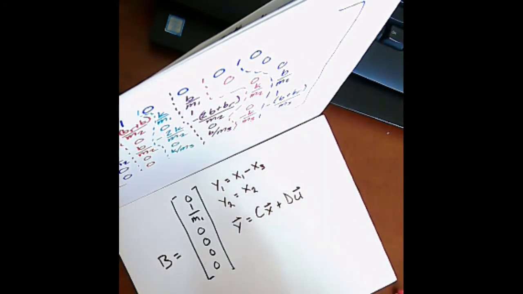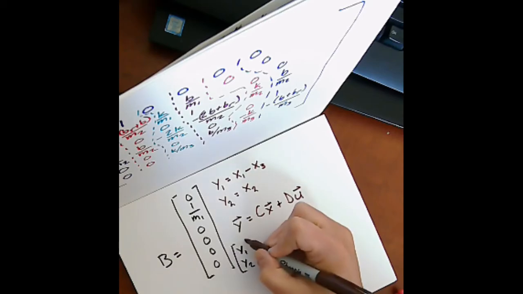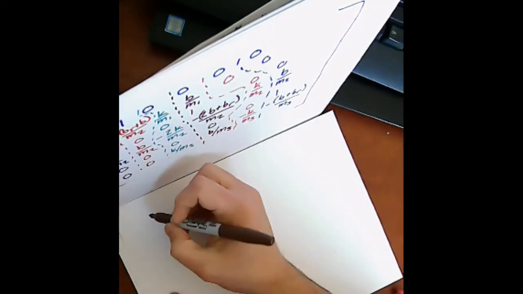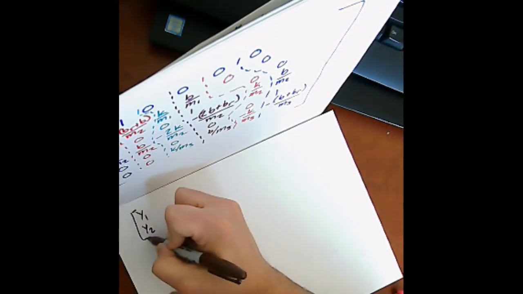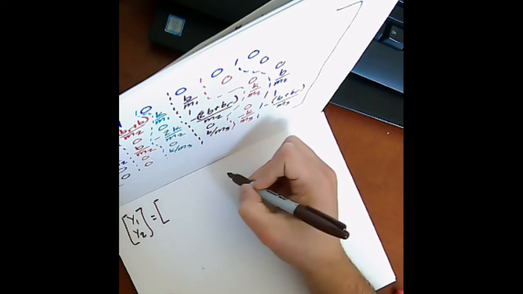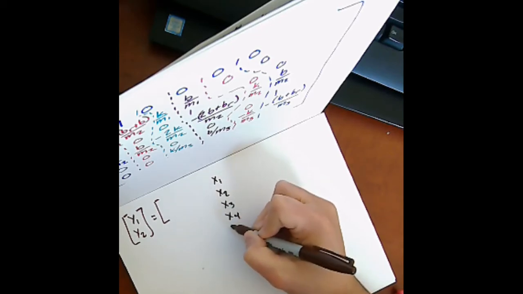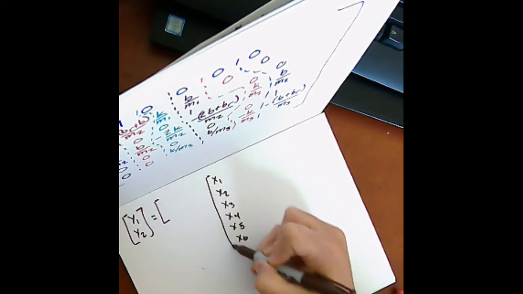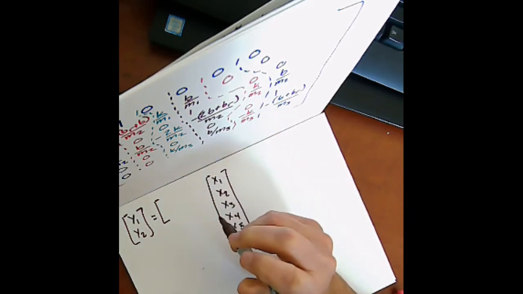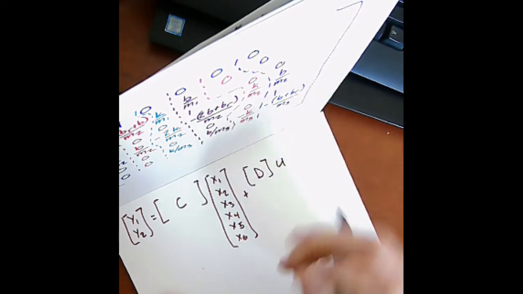This one's going to be a little smaller, so we'll do it on the back side. y1, y2 is equal to something times my x vector, x1, x2, x3, x4, x5. I didn't give myself enough room here, so we'll call this C, plus D times U.